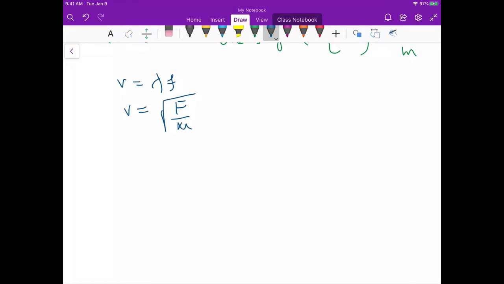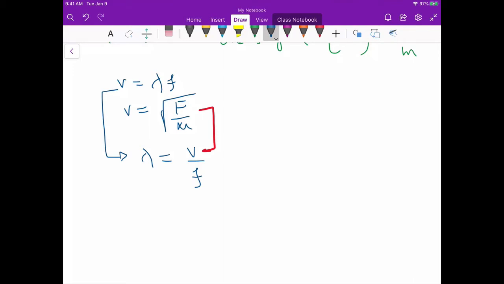So you have v equals lambda times f, which gives lambda equal to v over f. Then we take this v and replace it here.